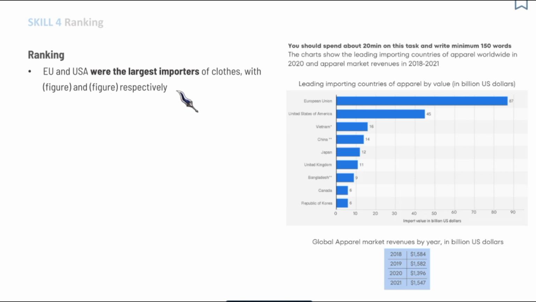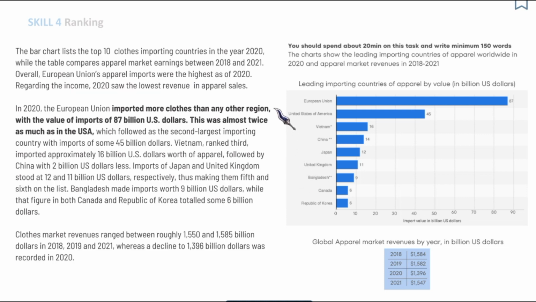Yet another option. So this is how I presented the information about the leading country in my report. In 2020, the European Union imported more clothes than any other region. Then I named the figure with the value of imports of 87 billion US dollars.